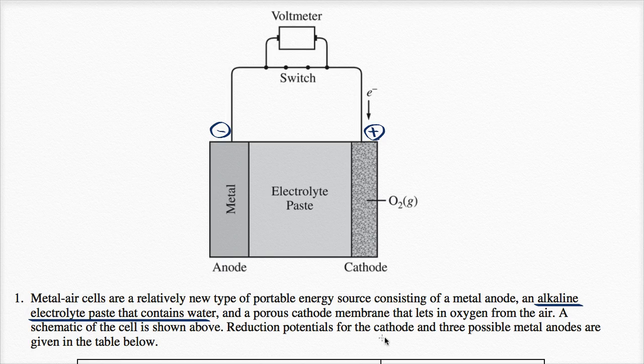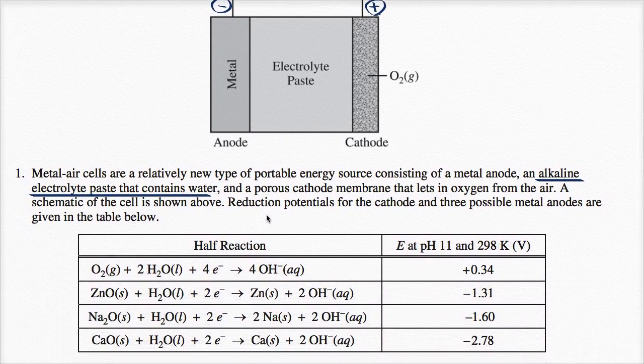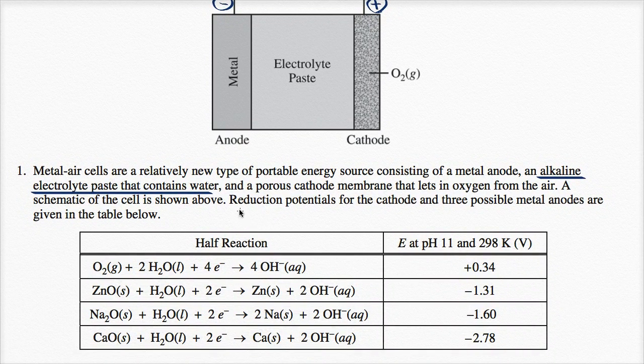Reduction potentials for the cathode and 3 possible metal anodes are given in the table below. So remember, reduction potentials, you can view these, reduction is the gaining of electrons. So this is the potential to gain electrons is one way to think about it, a reaction that somehow involves electrons being incorporated in some way.